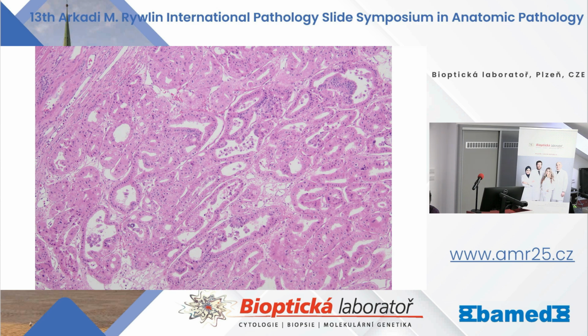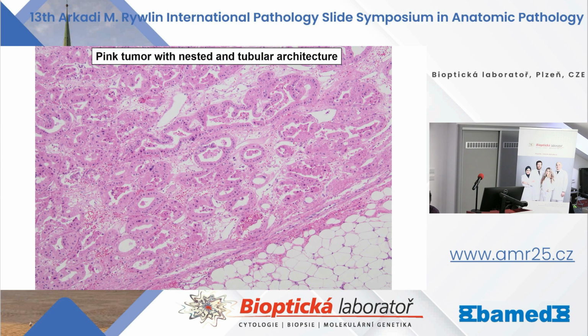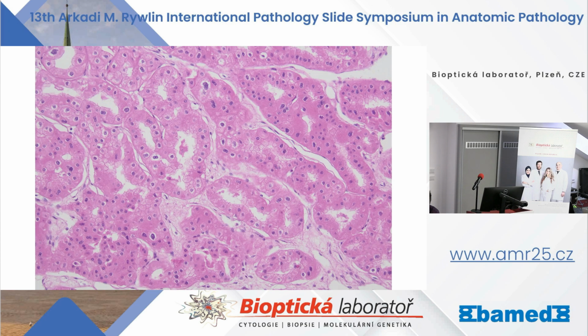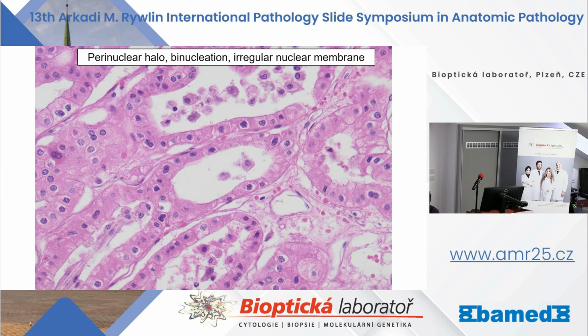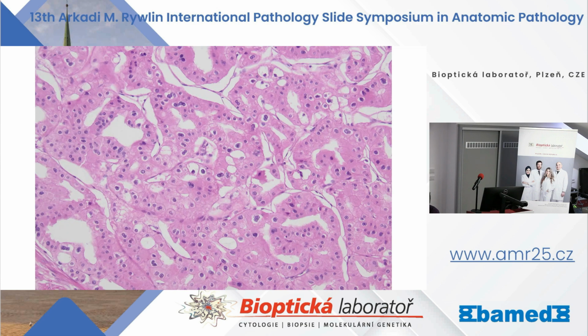The tumor was arranged in nested and tubular architecture, and was composed of eosinophilic cells with finely granular cytoplasm, and from the first look you can appreciate very severe irregularities of the nuclei with so-called raisinoid characteristics. You can see perinuclear clearing. Very frequently there was binucleation or multinucleation of the cells.